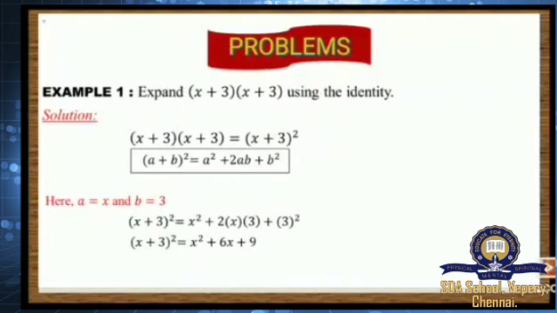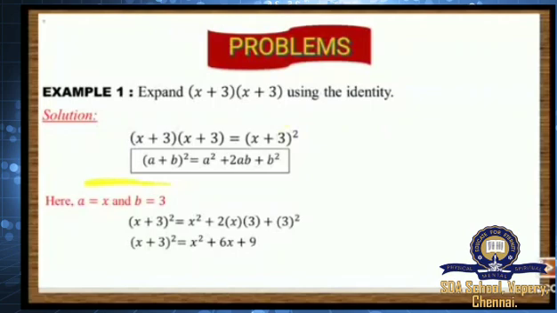Now this is of the form (a + b) the whole square, right? So you can use the identity (a + b) the whole square equals a square plus 2ab plus b square. Here a is nothing but x and b is 3.